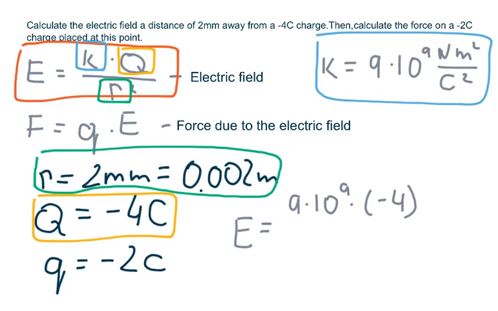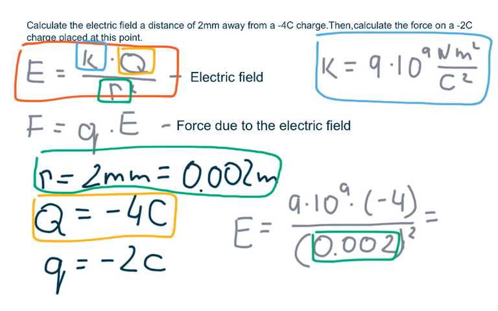We have the distance to the second power, so we're going to plug in 0.002 to the second power, and that's the basics. So that's what you would be doing. I can actually mark it up for you so you can see what part is what, so it will be easier for you. Here we go.